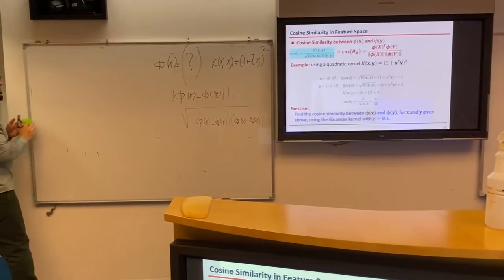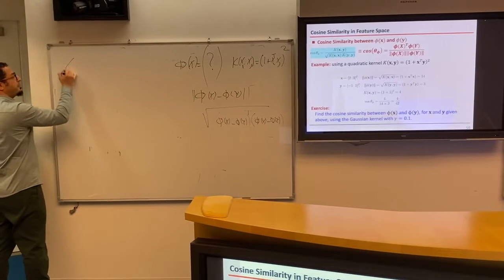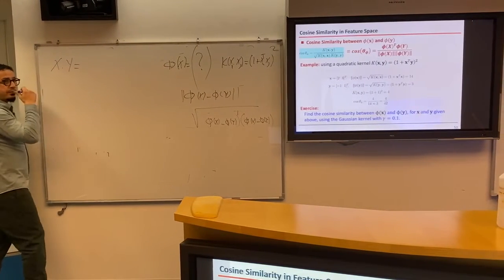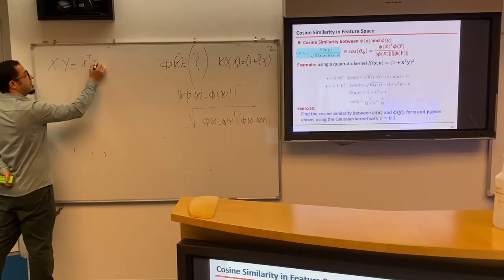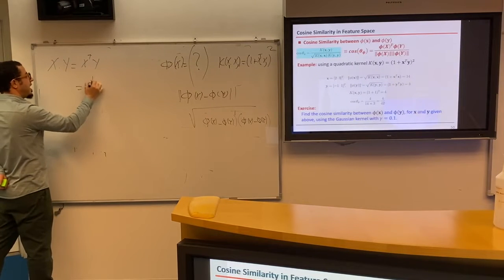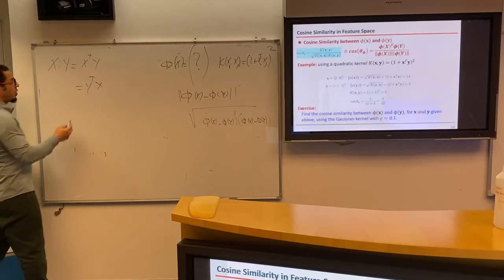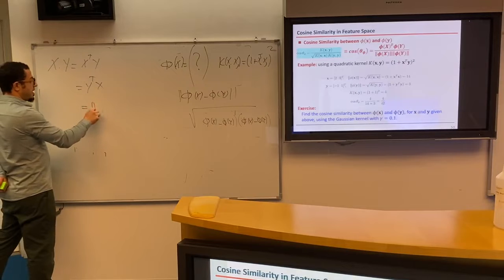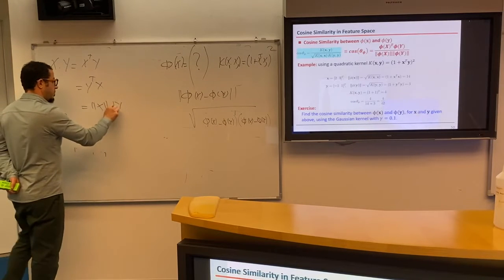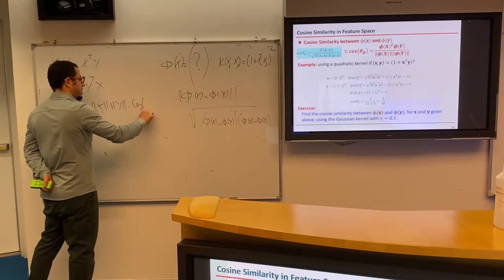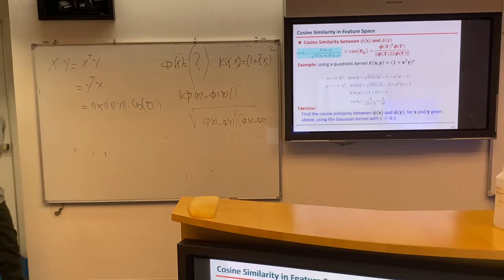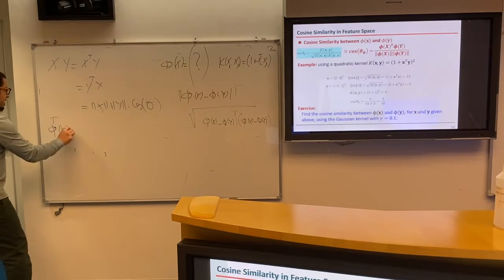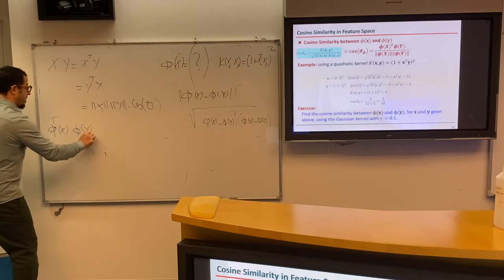Okay. You remember what we did last time? What is the dot product between x and y? Which is x transpose y, right? Or it is y transpose x. Same thing. How can we write this one here? The modulo of x times modulo of y times cosine of the angle between them, right? So the same way here. Phi of x times phi of y. What is it?